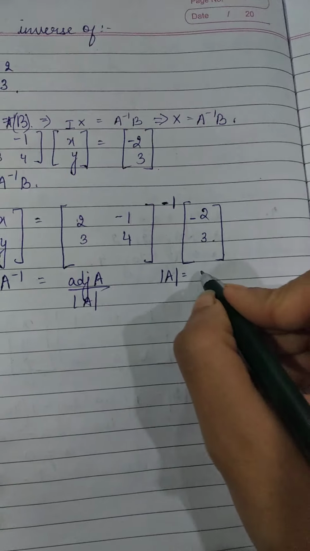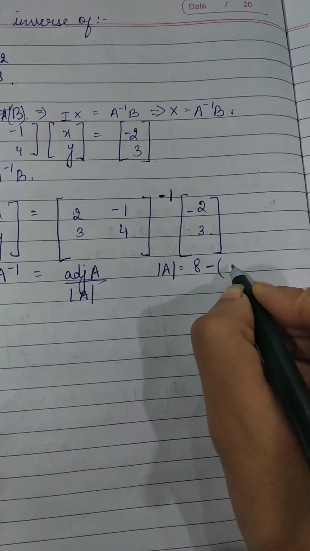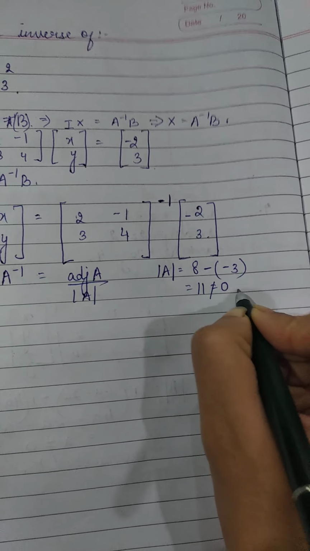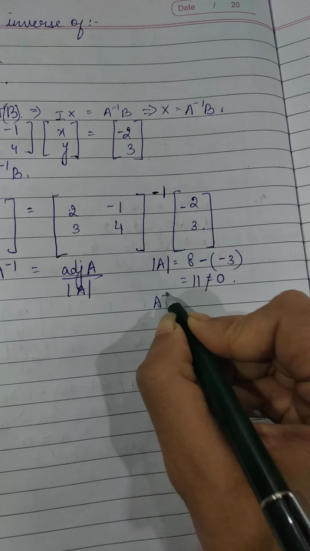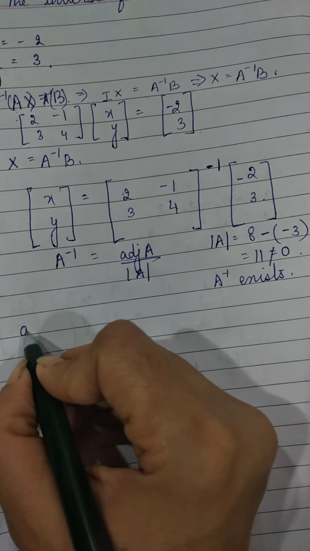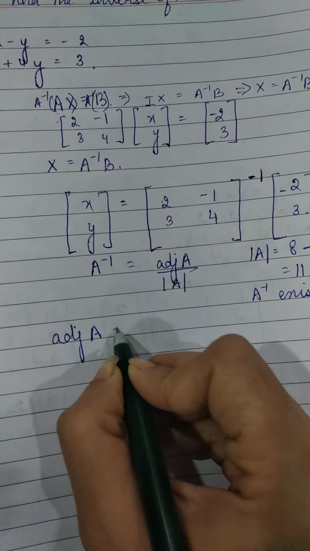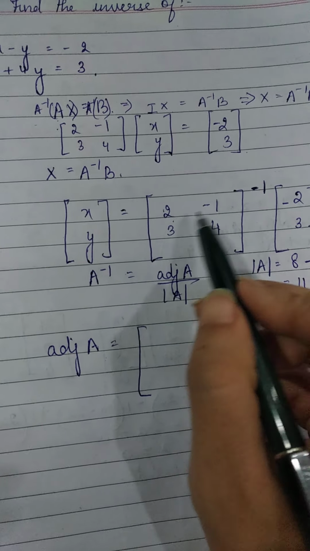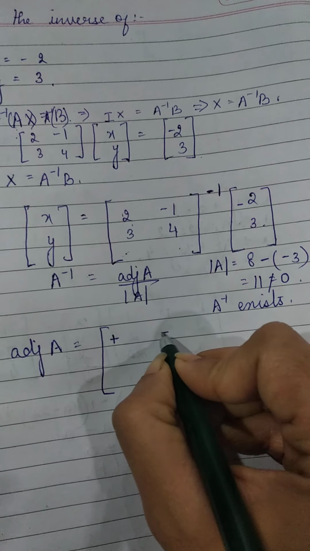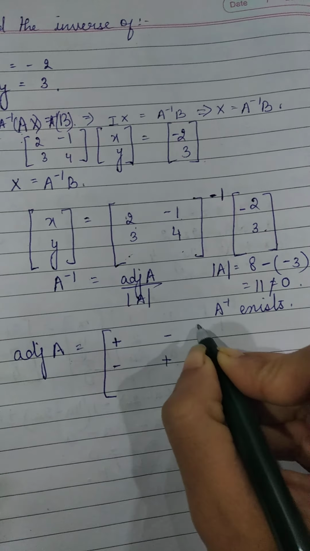It will be 8 minus -3, so that's 11, which is not equal to 0. Therefore, A inverse exists. Now, let's find the adjoint of A. Since this is matrix A, these are the positional values: positive, negative, negative and positive.